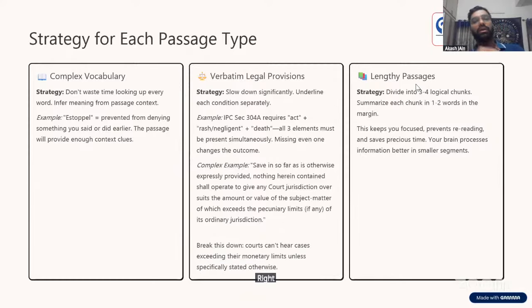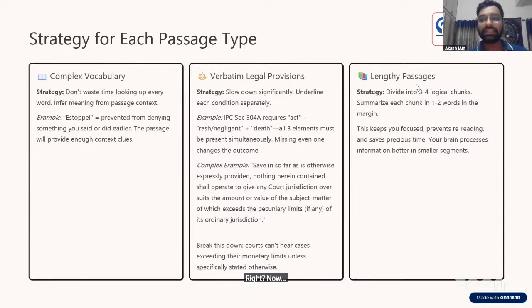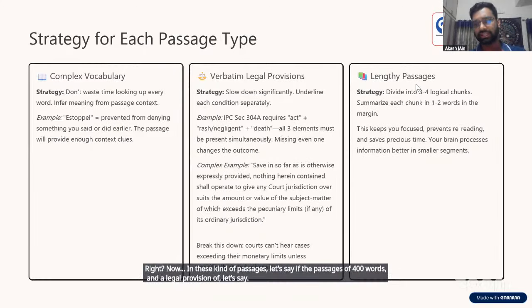Now, coming to the next type of passages, where legal provisions are cited verbatim. In these kinds of passages, let's say the passage is of 400 words and a legal provision of, let's say, 100 words is cited.